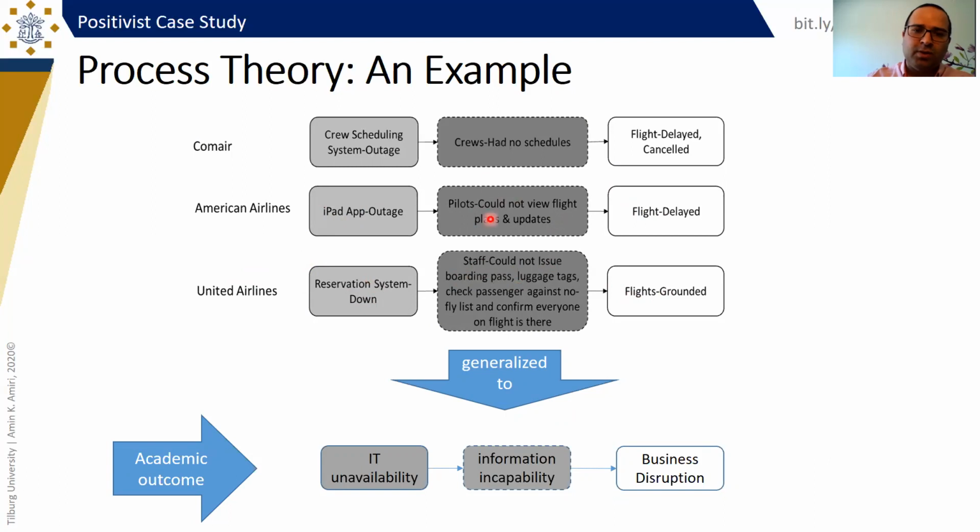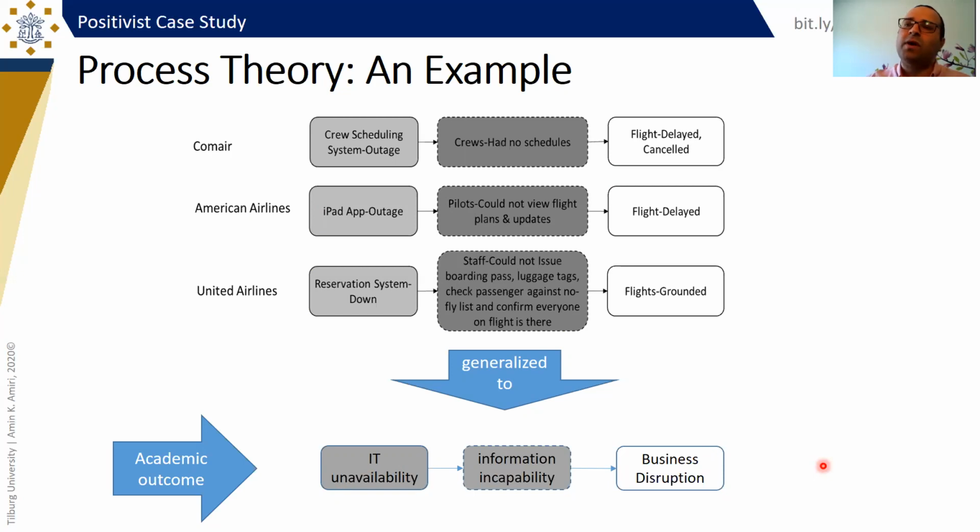You generalize all these patterns of events that you have found: after IT unavailability, information incapability happens. As a result of this, after a while, business disruption happens, and so on and so forth. So this is called a process theory.